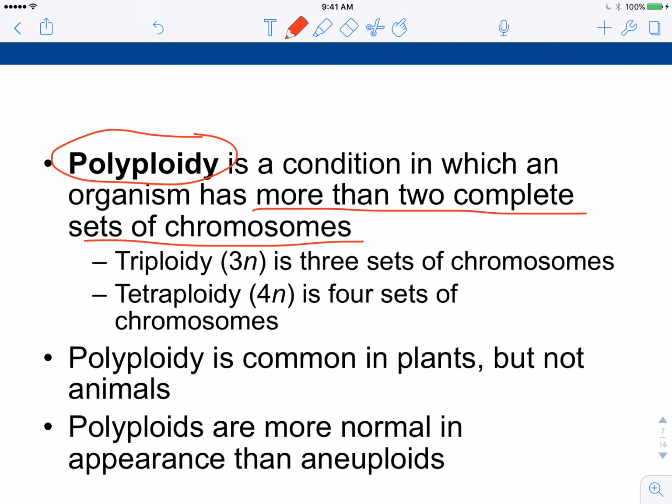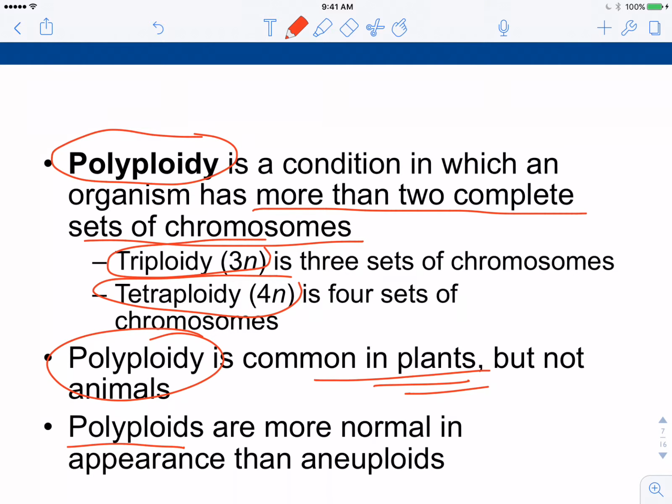You can have 3 sets of chromosomes and be triploid. You can have 4 sets of chromosomes and be tetraploid. Polyploidy is very common in those wacky plants, but extremely rare in animals. It does happen in animals, but it's extremely rare. Polyploids tend to be way more normal in appearance than aneuploids.